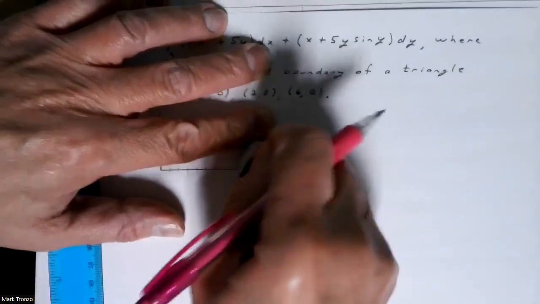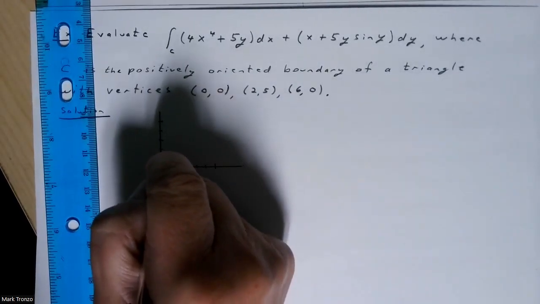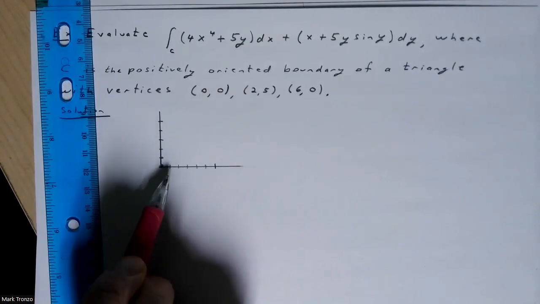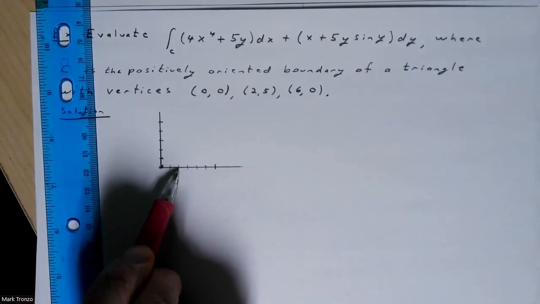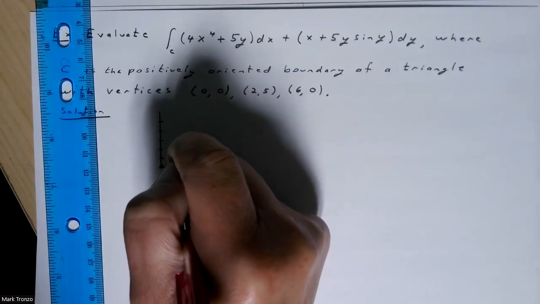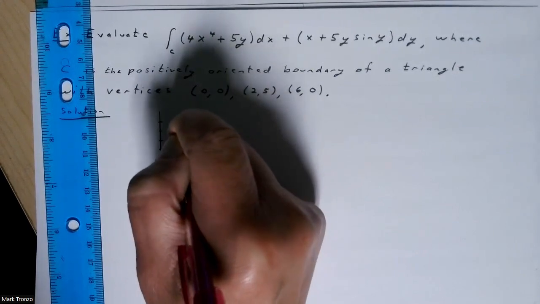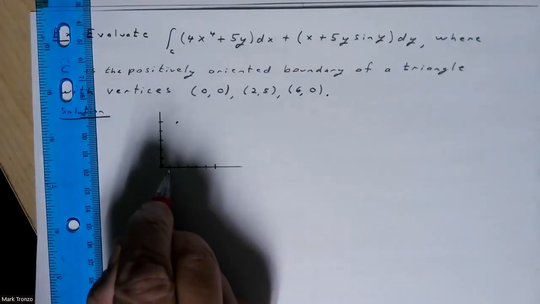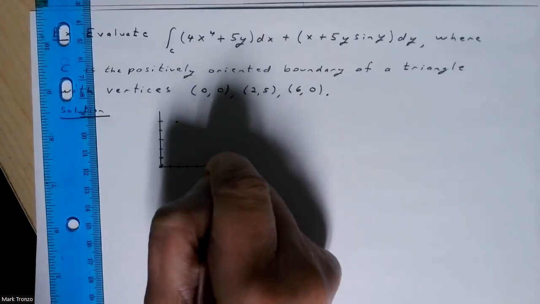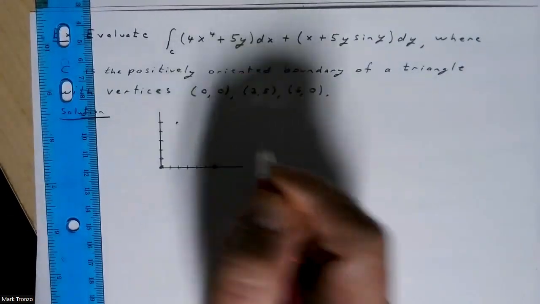One of the vertices is at 0, 0. The other one is 2 in the x, 5 on the y. 1, 2, 3, 4, 5. And then 1, 2, 3, 4, 5, 6 on the x and 0 on the y.